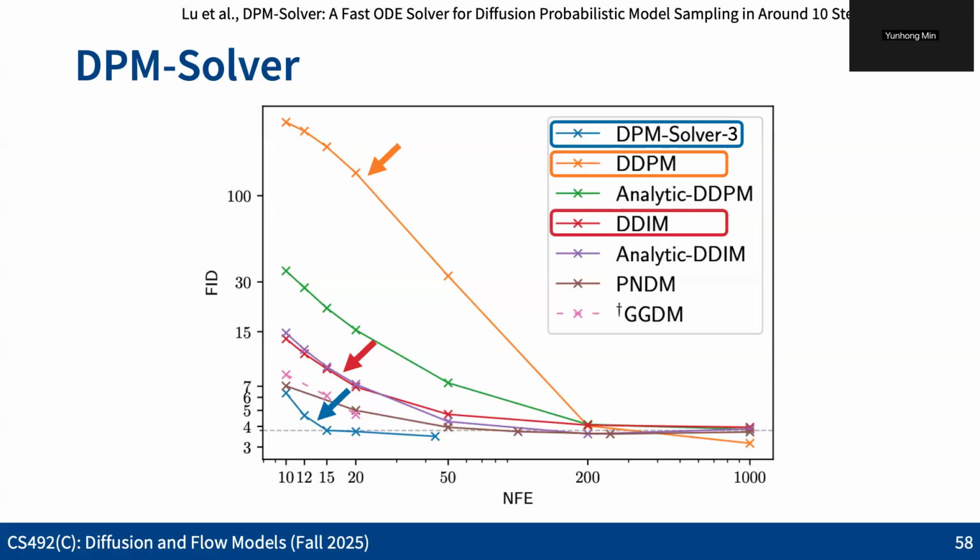That's the power of understanding the diffusion process in the continuous time domain. When you see the SDE to ODE conversion and find a better way to solve the ODE formulation, you can do it even with fewer steps. And as I keep saying in this class, this is all done with the same pre-trained model. You don't need to retrain any new model.